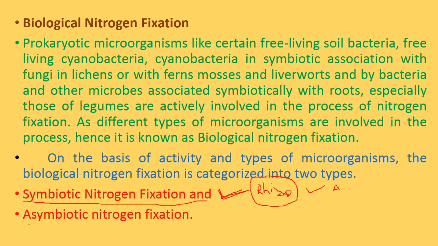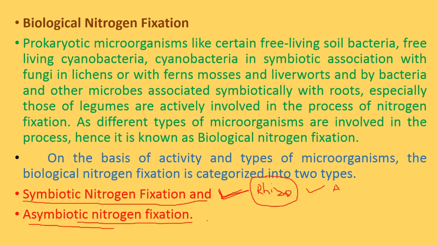Now, what is asymbiotic nitrogen fixation? When nitrogen is fixed by some free living soil bacteria, soil microorganisms, then it is known as asymbiotic nitrogen fixation. So there will be no symbiosis between microorganisms.